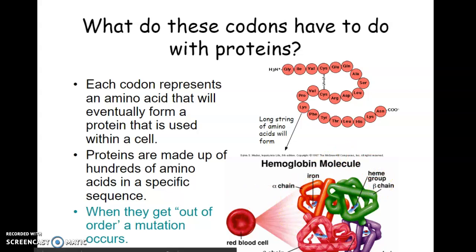So they're folded depending on which amino acids they can make bonds within those proteins. It causes it to bend a certain way, and the way that it's bent determines its job or how it's going to work. Like hemoglobin in red blood cells, it has to be shaped just right to be able to carry an oxygen molecule and then pick up carbon dioxide molecules. So it's all determined by that sequence of amino acids.